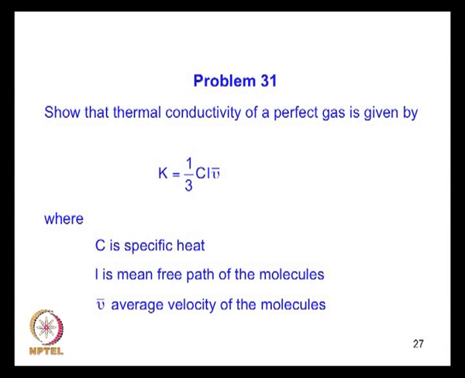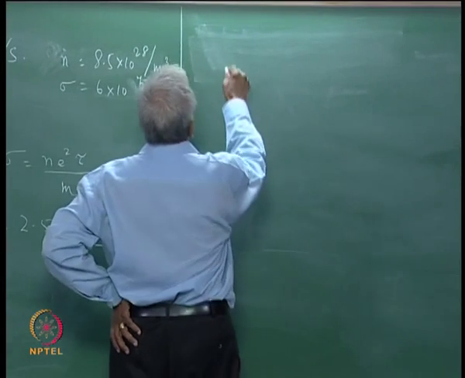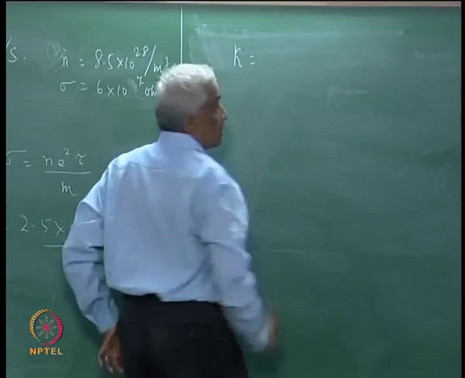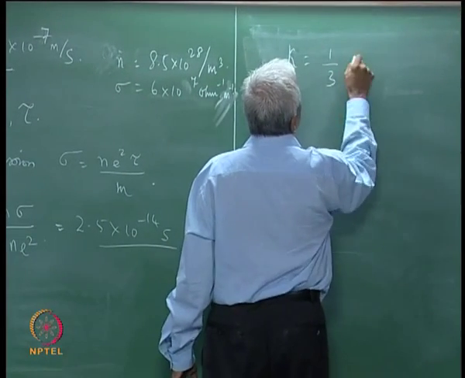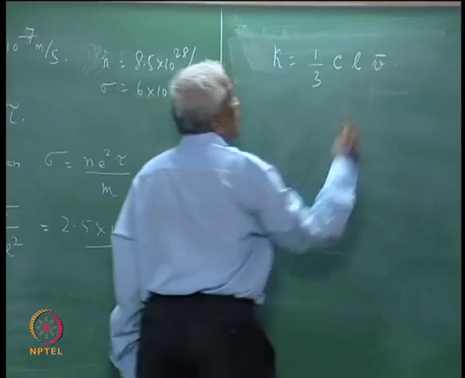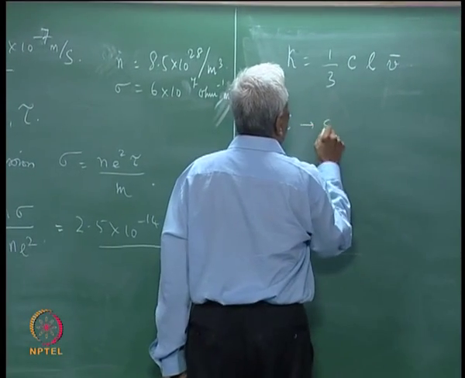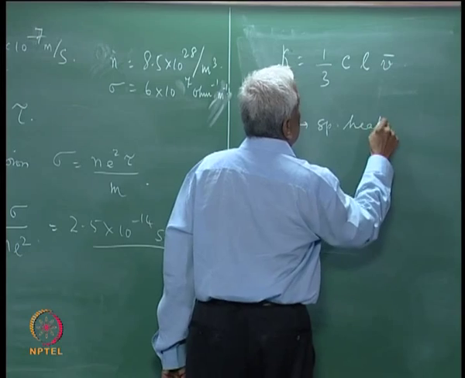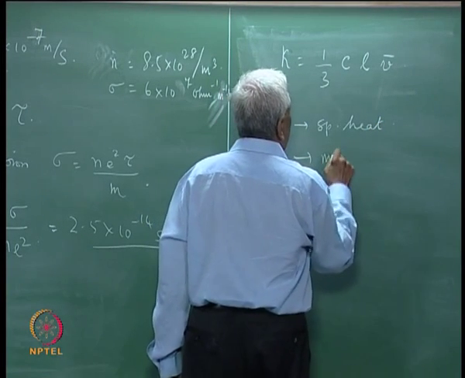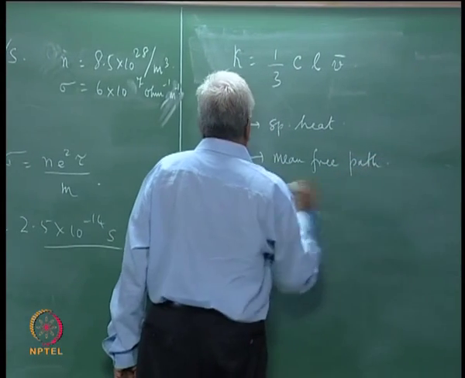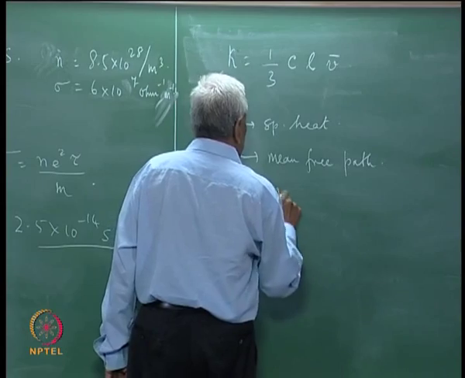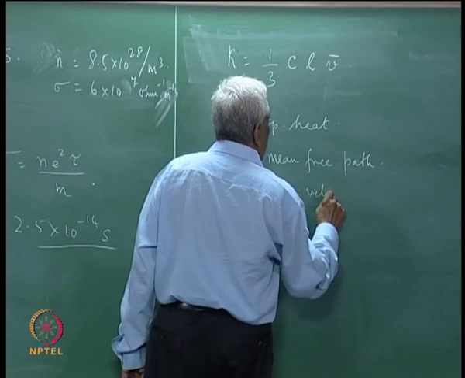The next question is on thermal conductivity of metals. We are asked to prove the kinetic theory expression for thermal conductivity for a perfect gas as 1/3 C L V bar, where C is the specific heat, L is the mean free path, and V bar is the average mean velocity of the gas molecule.